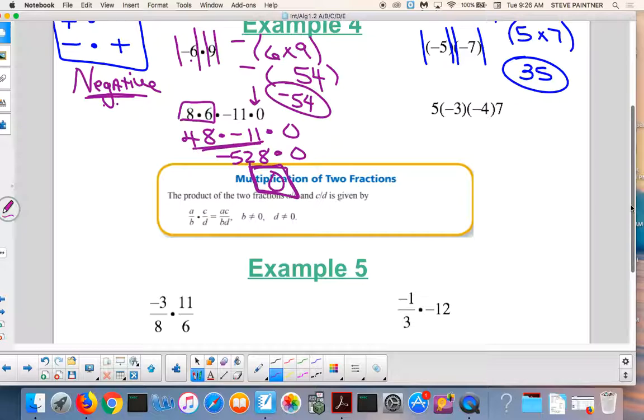Yeah, it is. Alright, let's see if I can check. Yeah, it's 16 times 7. What's 16 times 7?